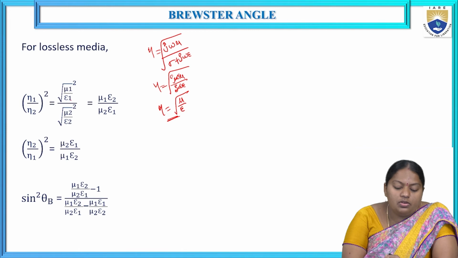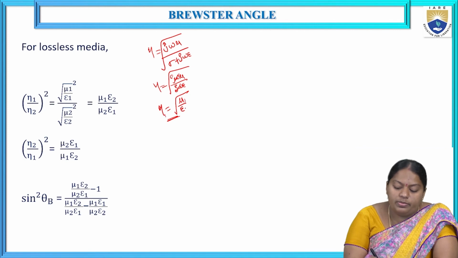Now substitute the intrinsic impedances of the media. For medium 1 it is root over mu 1 by epsilon 1, and for medium 2 it is root over mu 2 by epsilon 2.